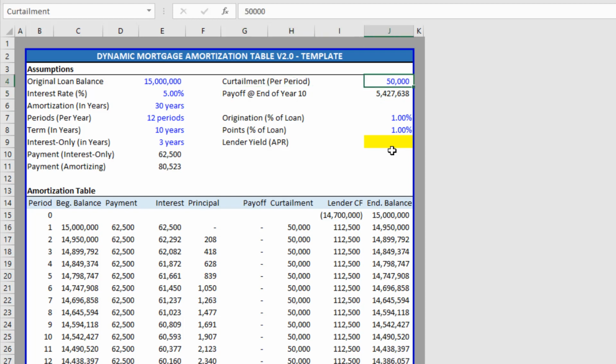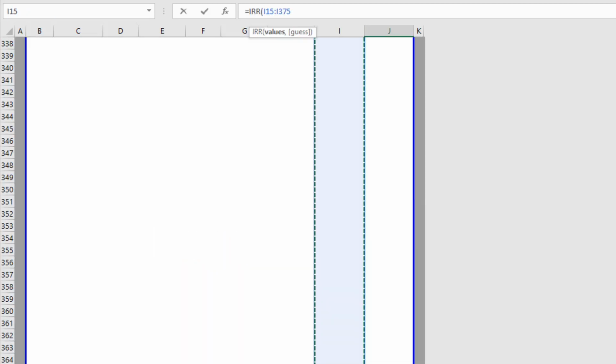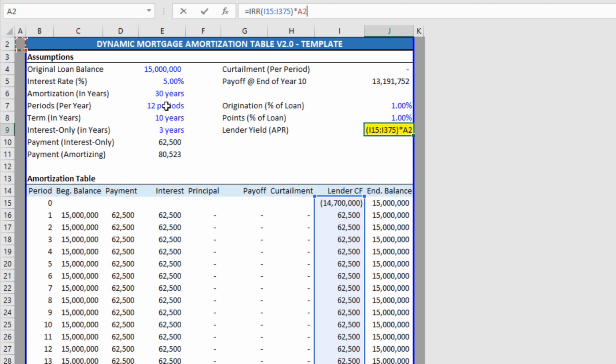Now, interestingly, if we go to here, payoff is 0 at the end of the loan maturity. Okay, we set that to 0, and then finally lender yield. Now, again, lender yield is basically the return that the lender makes on this investment, and that's simply equals IRR of this column, close parentheses, and multiplied then by the number of periods per year, or 12.